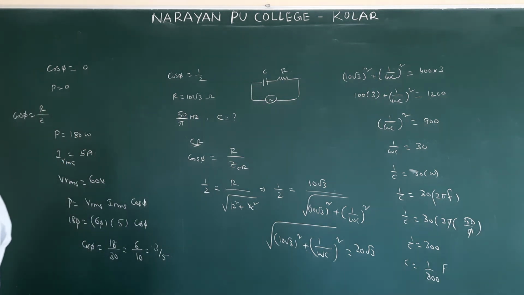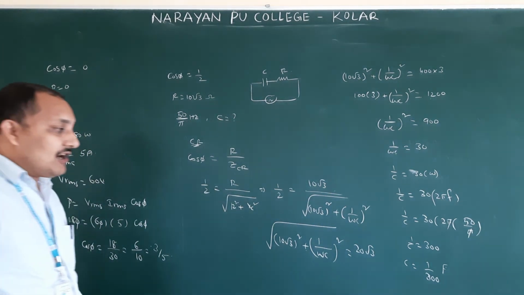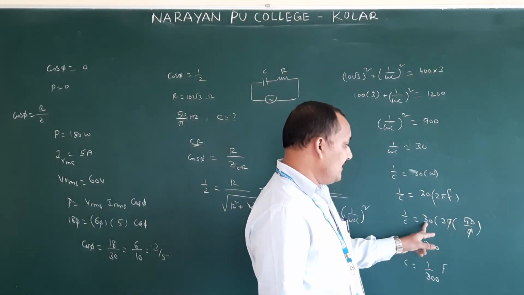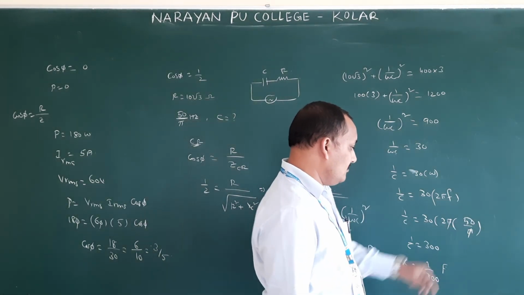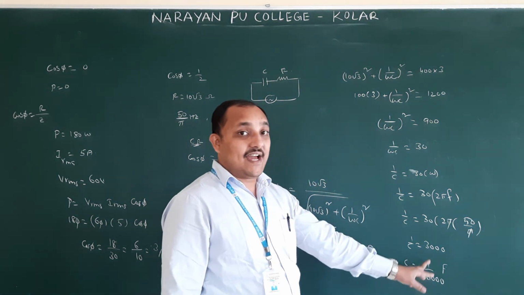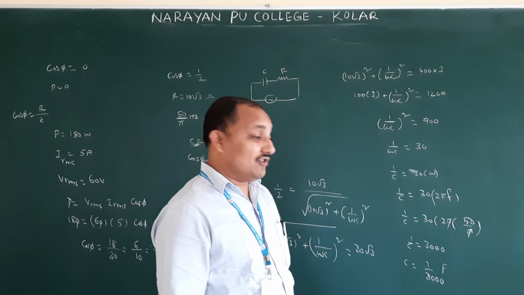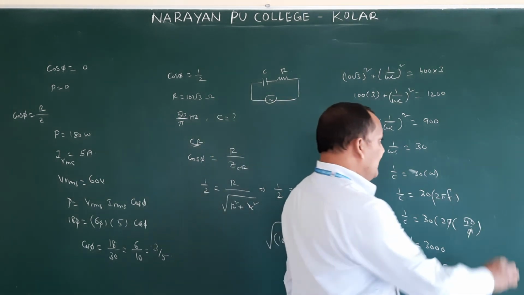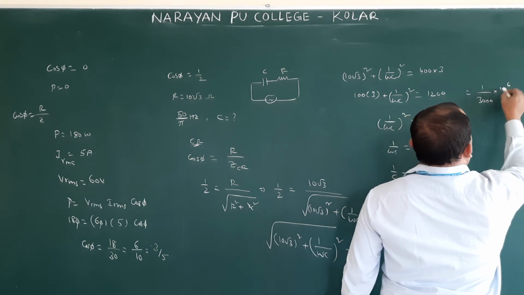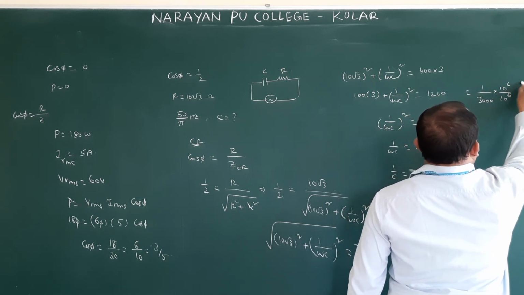But according to the options we should do it differently: 30 into 100 means 3000. So 1 by 3000 farad, but they gave the options in microfarad. Microfarad means we multiply and divide with 10 power 6.